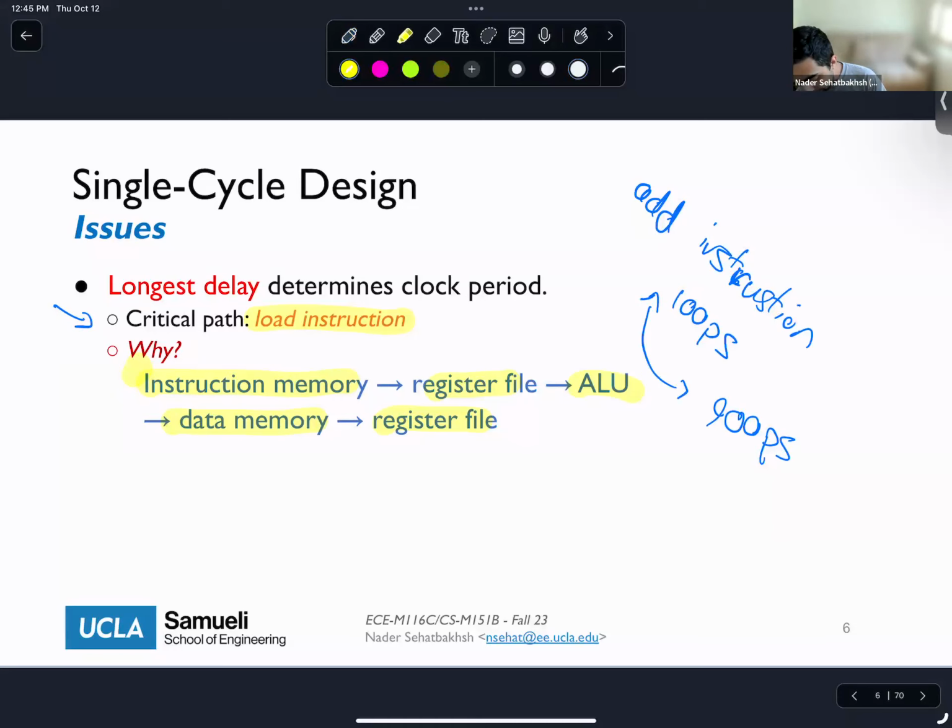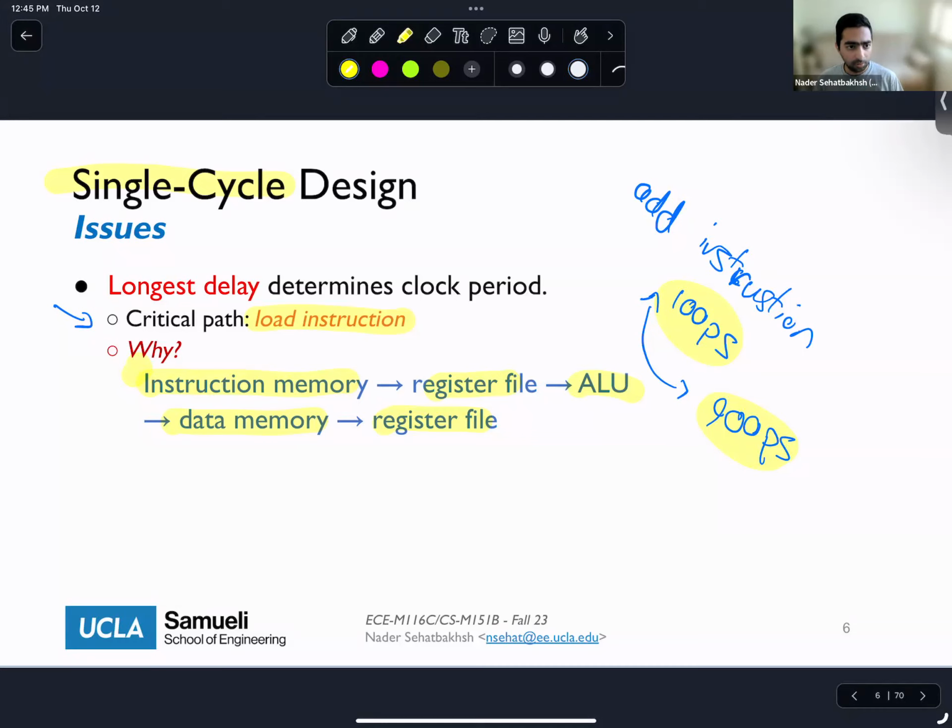So even though my add instruction could have finished in 100 picoseconds, everything has to run for at least 900 picoseconds, okay? I'm basically intentionally making my processor slower because I'm designing this as a single cycle design, where the clock cycle is fixed and determined by the slowest. So even the faster one cannot really be that much faster, okay?